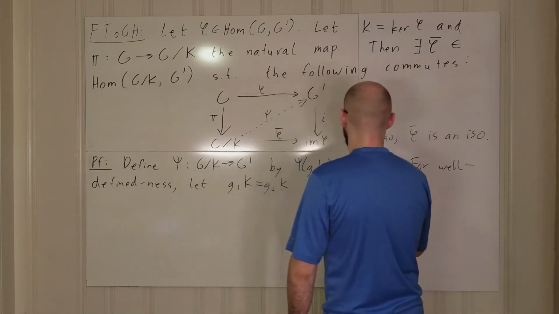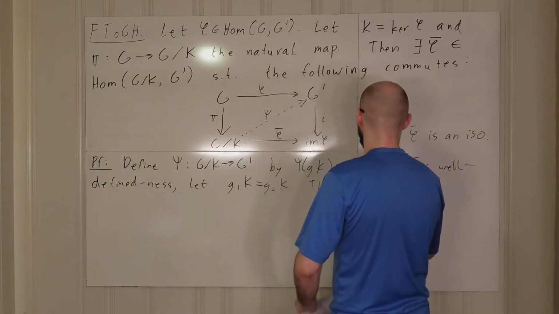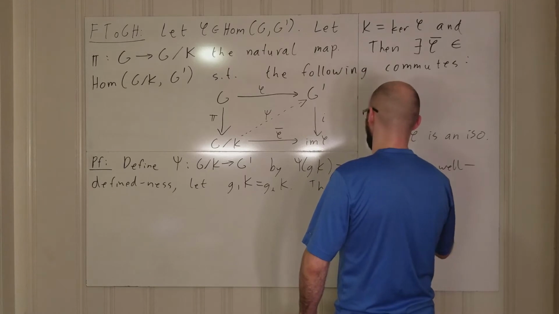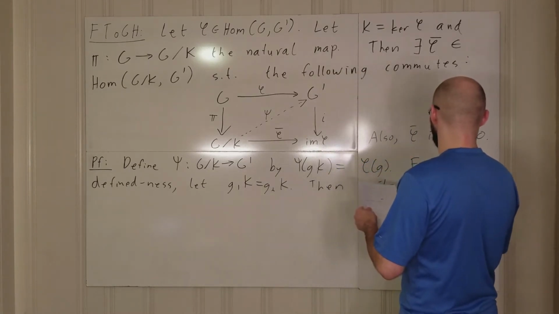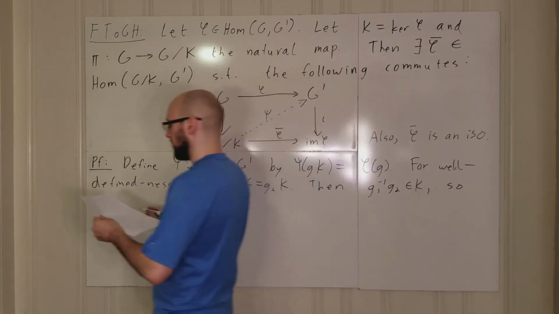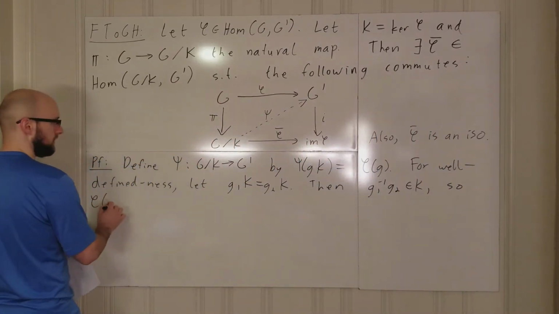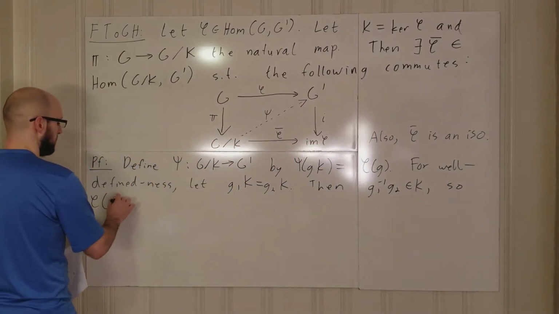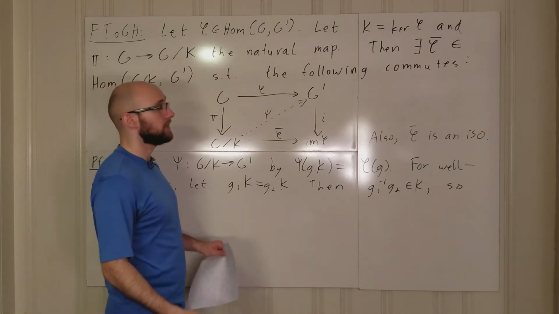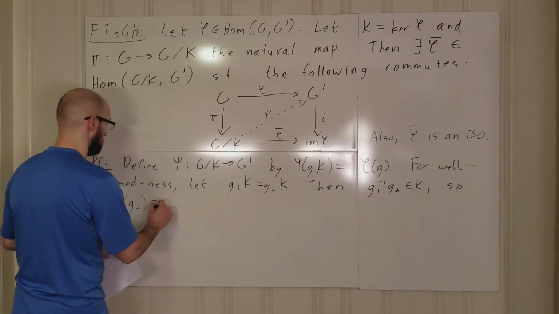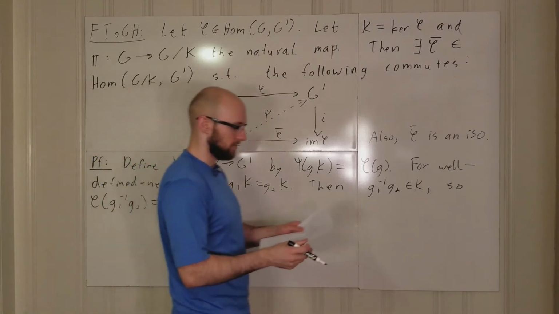Then, what does that mean? We know that this is equivalent to saying that G1 inverse G2 is an element of K. So, what happens when we evaluate phi here? Phi of G1 inverse G2, well, this is in K, and K is the kernel, so phi is going to send this to the identity E prime.